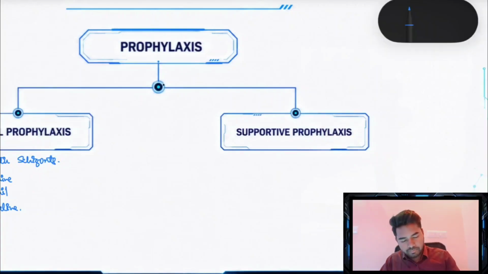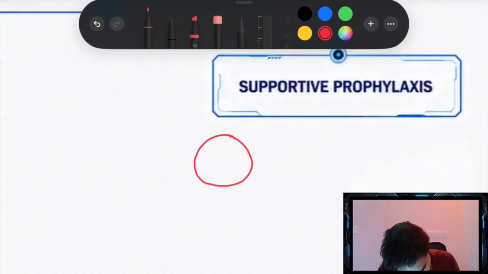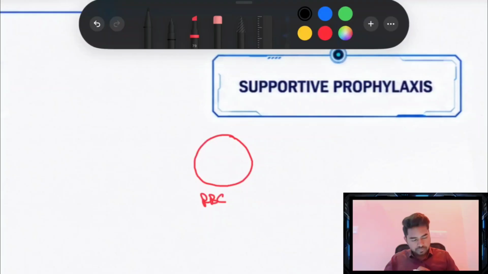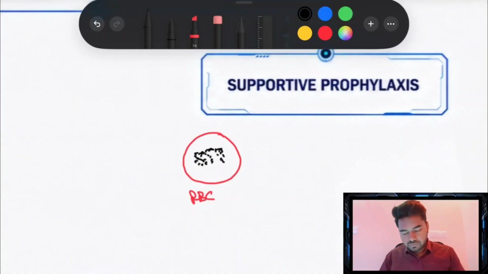Then for suppressive prophylaxis, imagine this is an RBC, and we have parasites inside the RBCs.